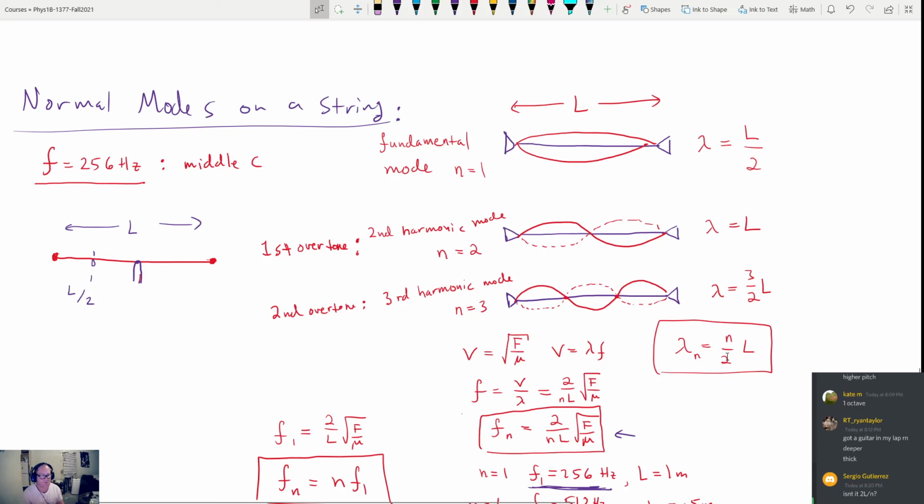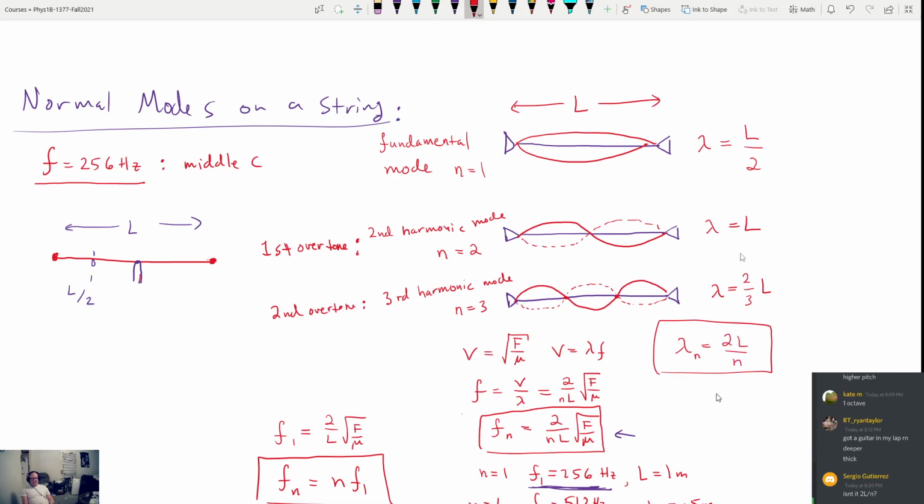No. It's because this was wrong. This is right. This should have been 2L over 3, right? I'm so sorry. So that our equation is, Sergio's right, this should have been 2L over n.